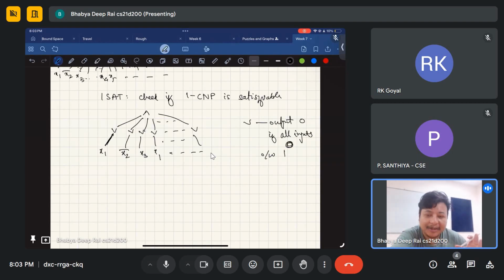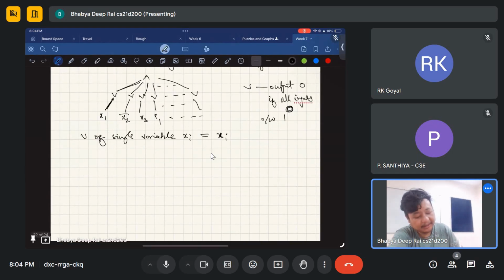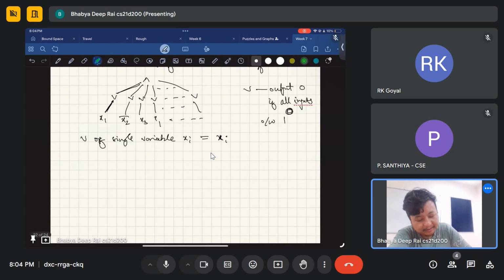Otherwise, it will output 1. So if x1 is 1, then OR will output 1. If x1 is 0, OR will output 0. So OR of a single variable xi is the same as outputting whatever xi itself is. Literally.